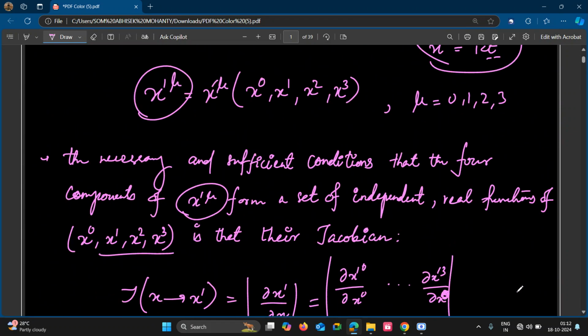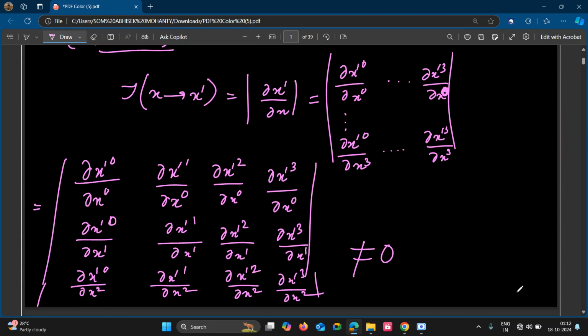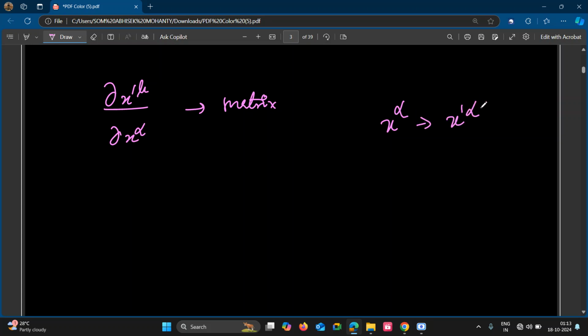You just have to be a bit careful with the notations and you'll be able to understand it easily. Next, if one considers del x dash mu divided by del x alpha as a matrix, the transformation matrix for the transformation from the x alpha to the x dash alpha coordinate system, then del x alpha by del x dash mu is its inverse.